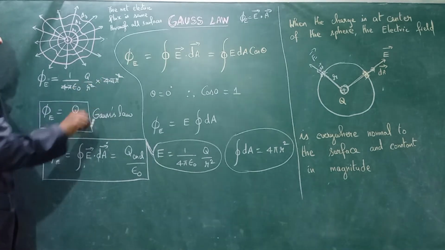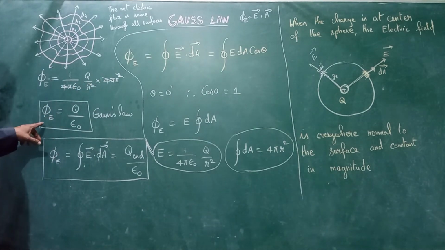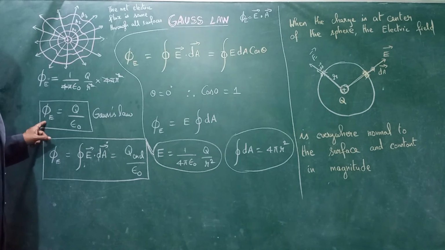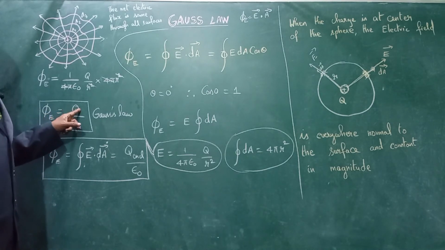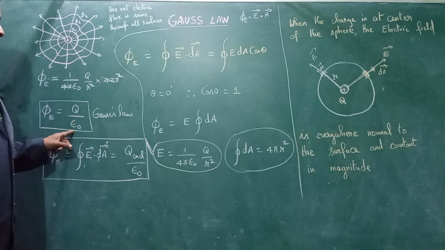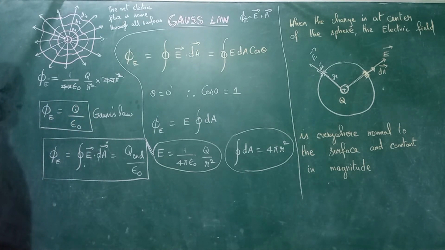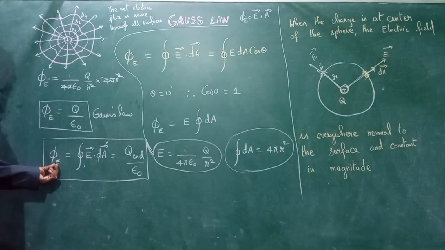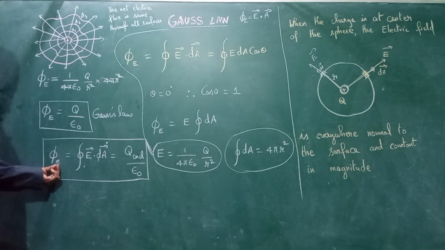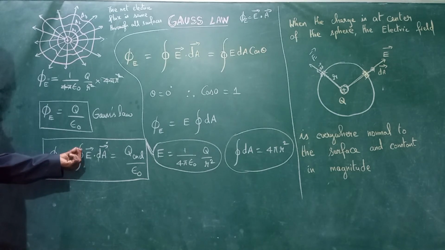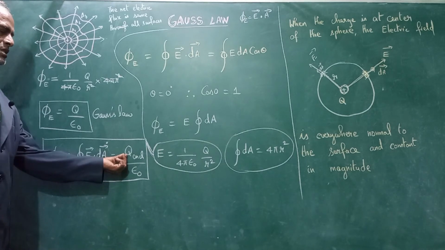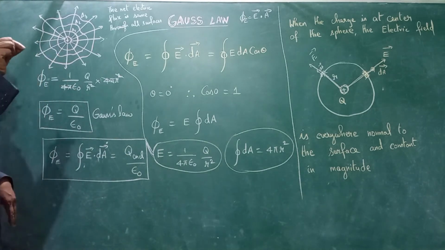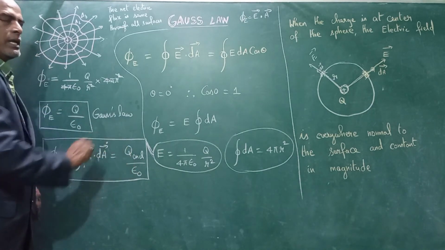So finally we have the total flux equal to Q, the charge, divided by epsilon naught. This is Gauss law. Or stated otherwise, phi E, the total electric flux, is equal to the integral over the closed surface, here spherical, of E vector dot dA vector, which is equal to the charge enclosed inside the sphere divided by epsilon naught.